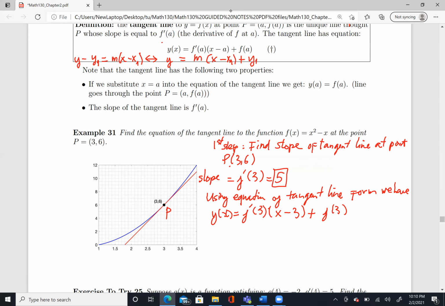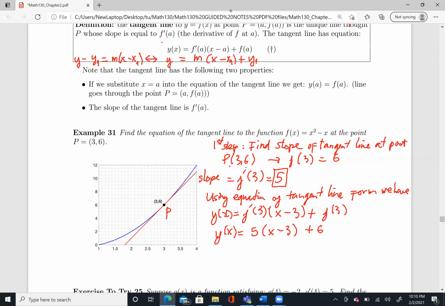You should know that f of 3 here is equal to 6, which is this guy. So you can now substitute in: y of x equal to 5 times x minus 3 plus 6. And that should be the equation of the tangent line.